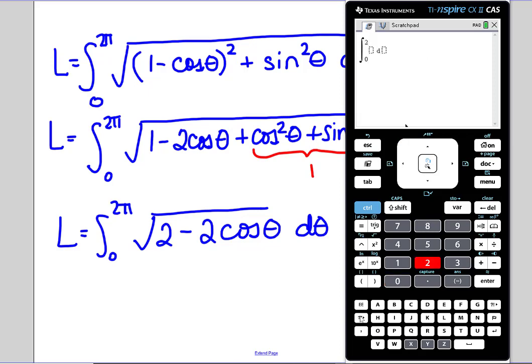And jumping over to our calculator, we've got menu, calculus, an integral from 0 to 2 pi. And we've got square root of 2 minus 2 cosine theta d theta.